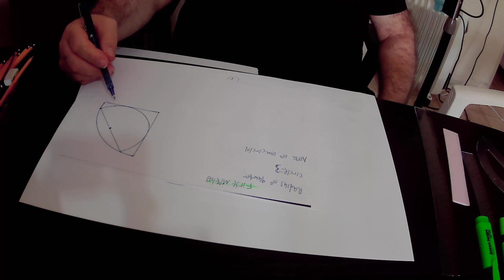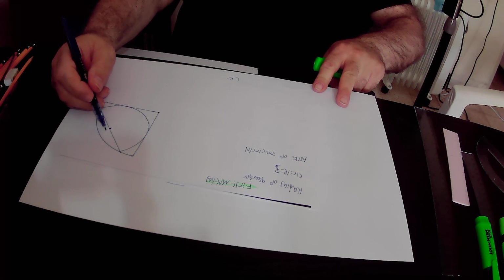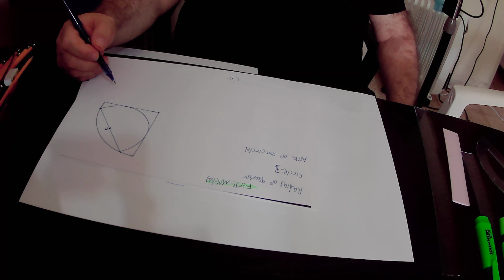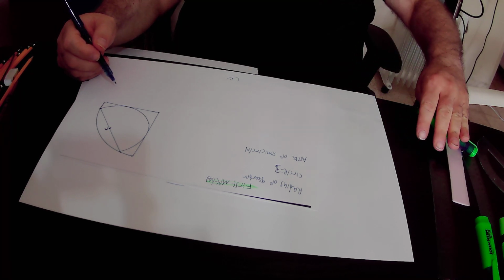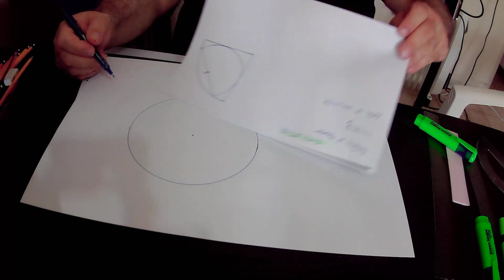So we will define the center of the semicircle as point C, and I will present to you a new rule, which is rule number 1.